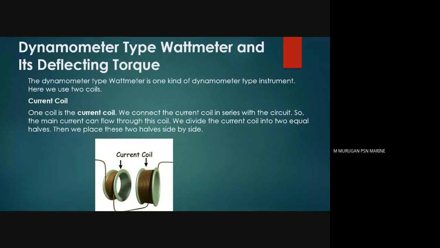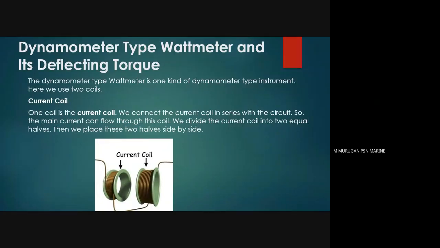So today we are going to see the dynamometer type wattmeter and its deflecting torque. As I said in our previous classes, up to now we have studied the principles of the indicating instruments, that is the moving coil instrument and moving iron instrument. In the permanent magnet moving coil instrument, we use the coil for producing the deflecting torque.